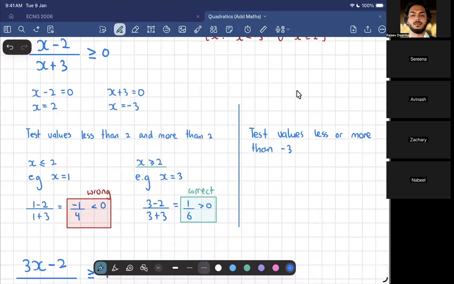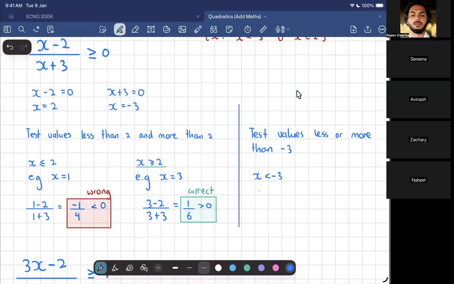We want to start off with more than negative 3 or less than negative 3. Let's start with less than negative 3. Sure. Right. So we're going to say x is less than negative 3. Why can't I say x is less than or equal to negative 3? What happens when x is equal to negative 3? The function breaks. Right, the function will be undefined. That's the proper thing to say. The function will become undefined.